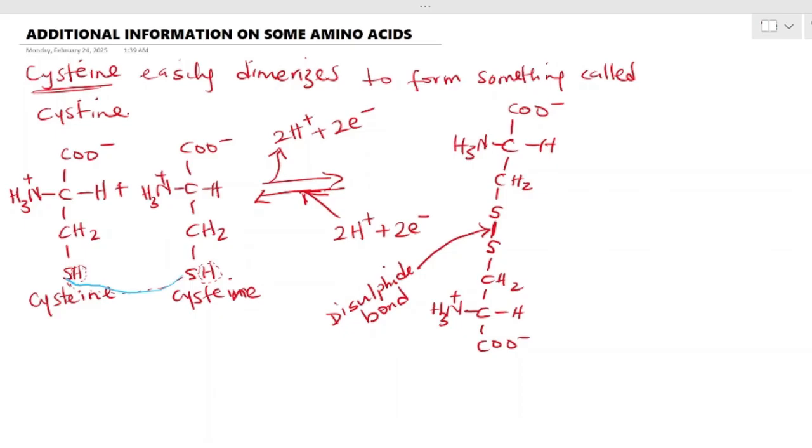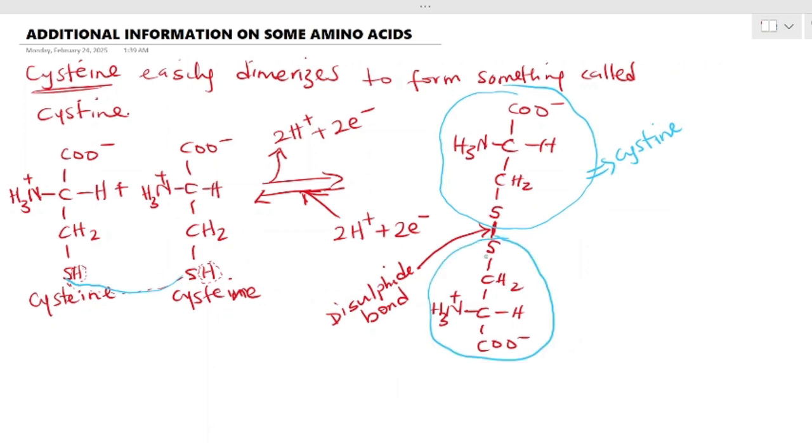So the whole of this, if I do that in blue, the whole of this is one molecule of cysteine, and the whole of this is another molecule of cysteine. All right, so that's how the two molecules are formed.